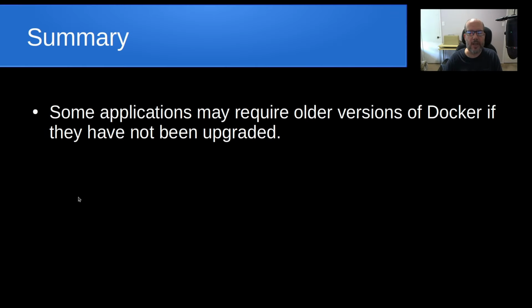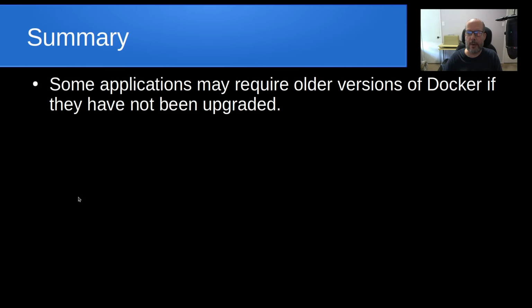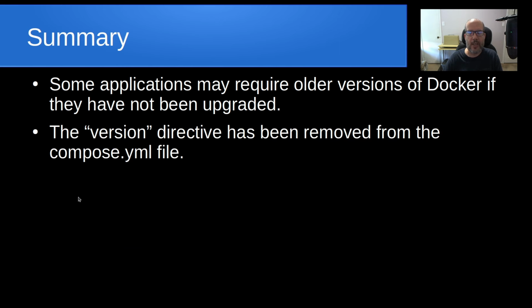So in summary, some applications may require older versions of Docker if they've not been upgraded, and the version directive has been removed from the compose.yml file, and for that matter, you can call it compose.yml as opposed to docker-compose.yml as of version 2.0 of Docker Compose.